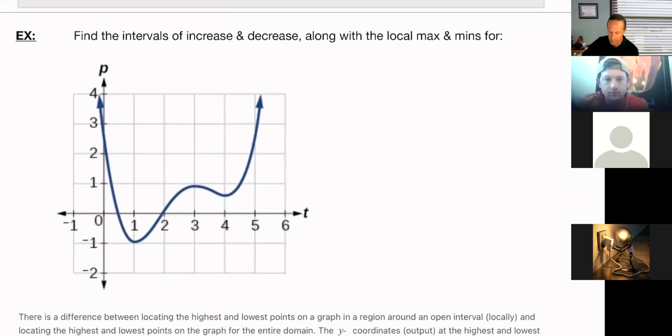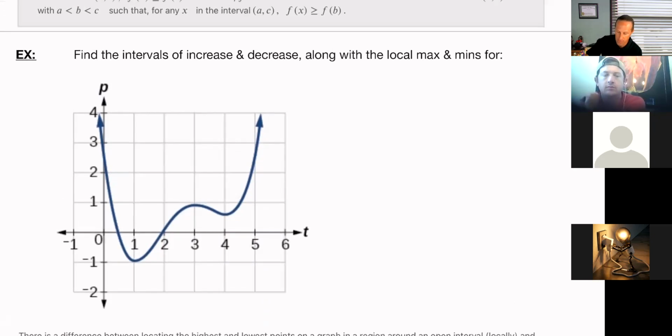So if I gave you guys something like this, can you find those intervals where it's increasing, decreasing, and those local max and mins? I'll give you a minute to try to figure that out, and then we'll go over it together.